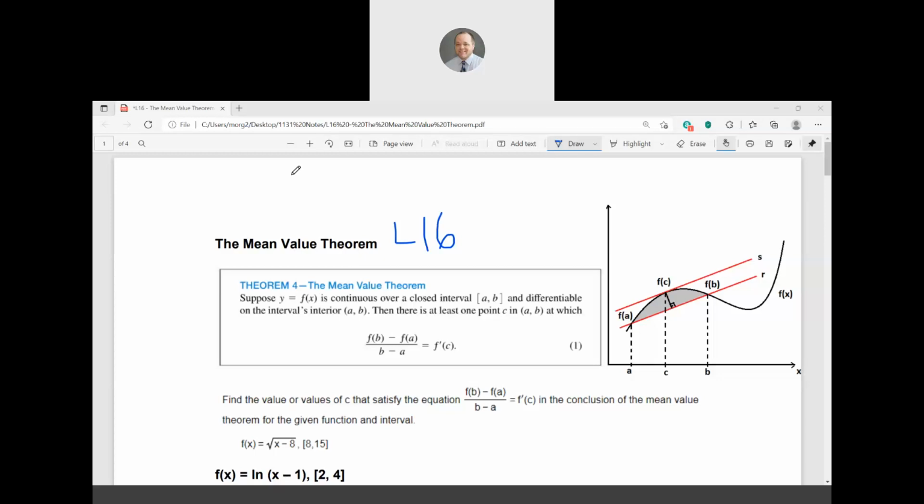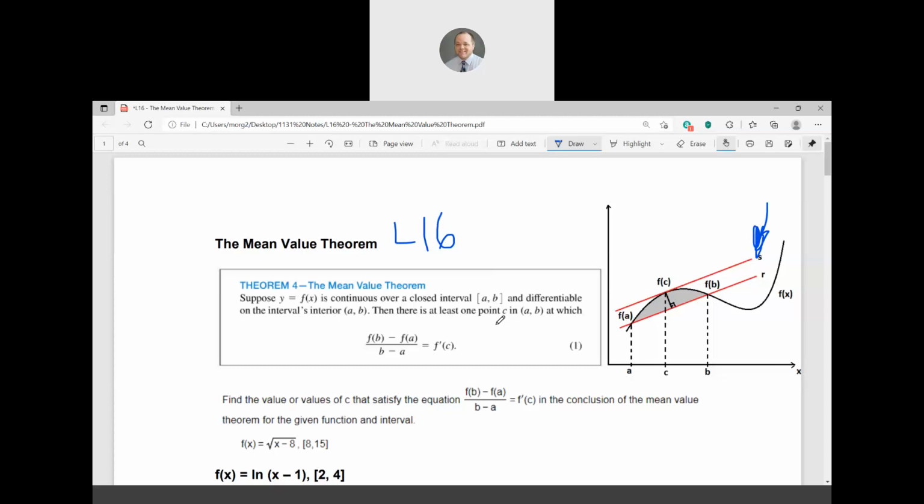Theorem 4, the mean value theorem. Suppose y equal to f of x is continuous over a closed interval [a, b], as pictured over here, and differentiable on the interval's interior (a, b).